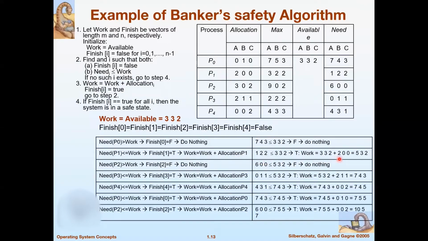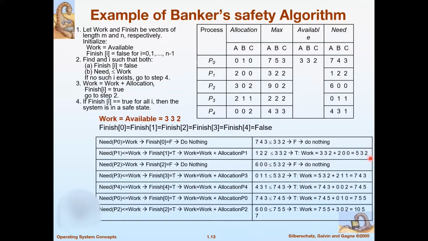Here the allocation of P1 is 200. So work will be incremented by 200. Now the current work vector becomes 532.